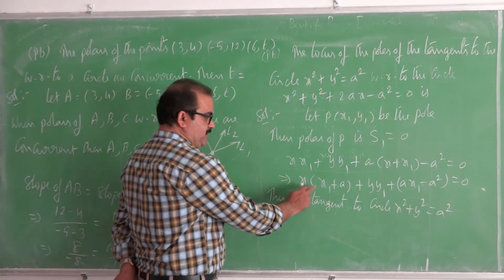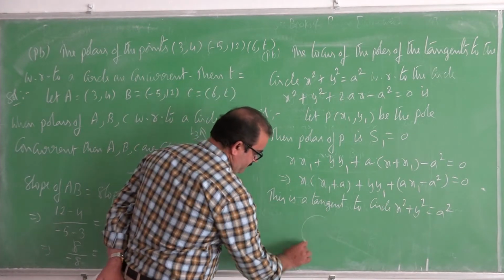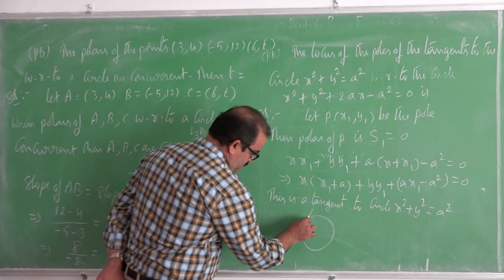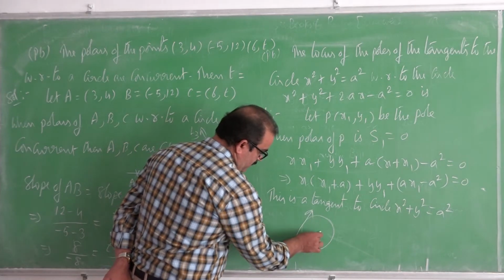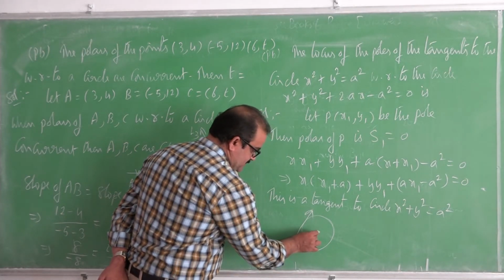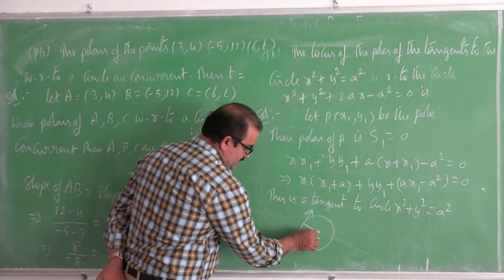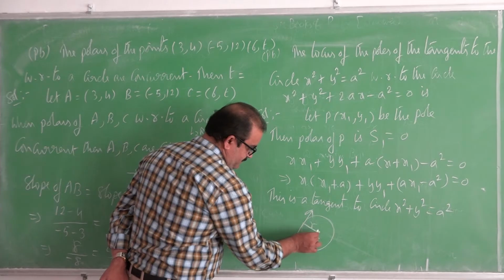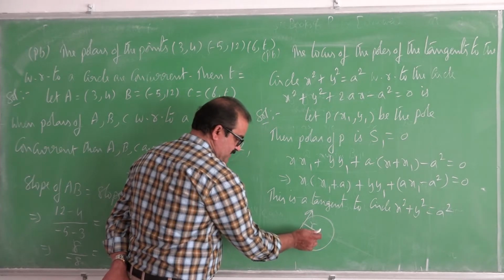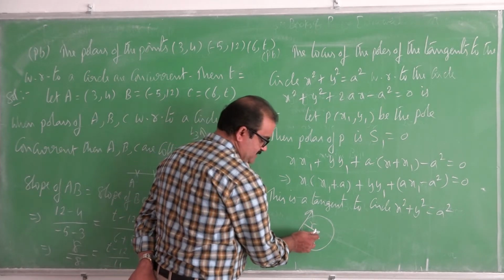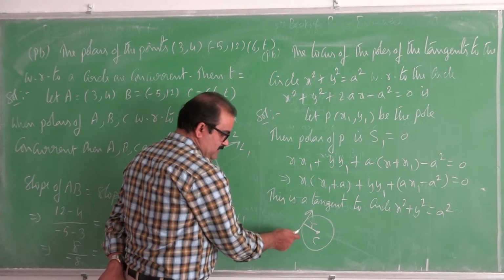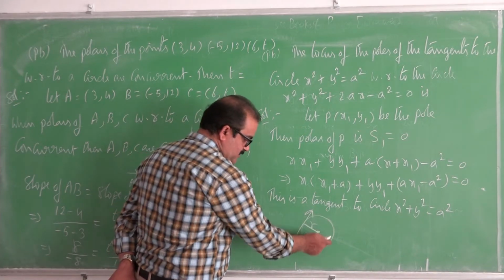When a line becomes tangent to the circle, what happens? Distance from center to that line is equal to radius. If the distance from center to that line is equal to radius, then only this line is called tangent to that circle.